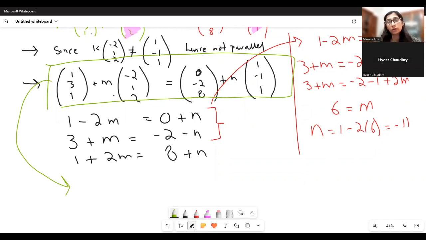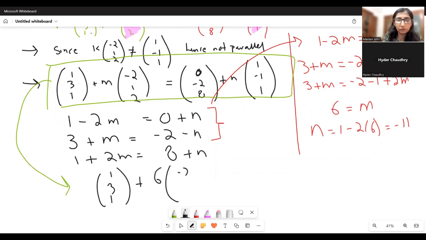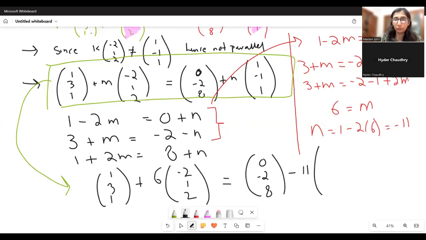If we get the same coordinates on both sides, that means yes, the two vectors intersect. And if we don't, then that means the vectors are skew. So let's say we have (1, 3, 1) plus 6 times (minus 2, minus 1, 2), and is that equal to (0, minus 2, 8) plus minus 11 times (1, minus 1, 1)?